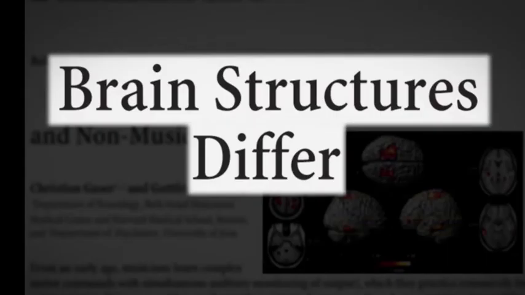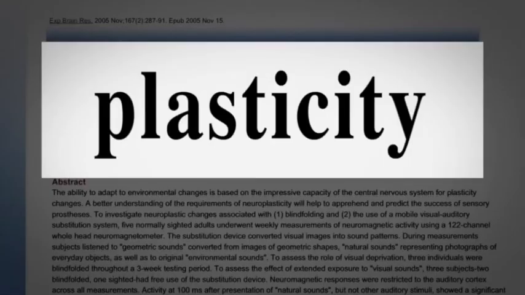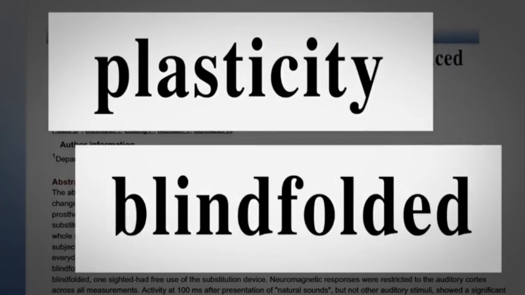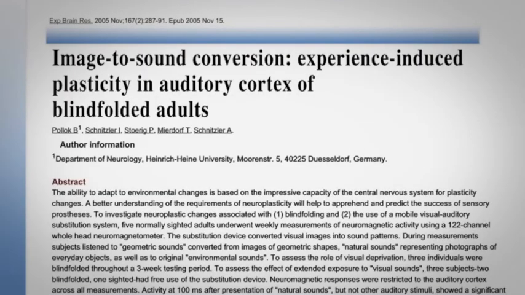Another example. Regions of the cortex associated with playing music are larger in musicians than non-musicians. Short-term plasticity. If you wear a blindfold for 2 days, your visual cortex reorganizes to process sound and touch.